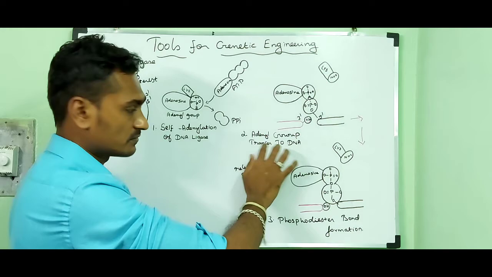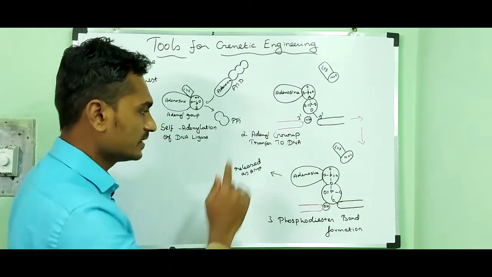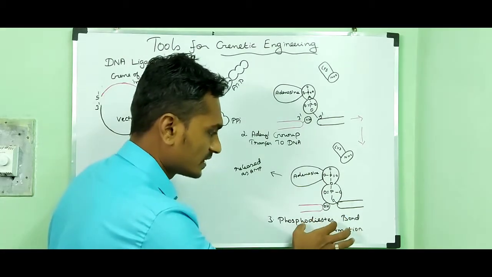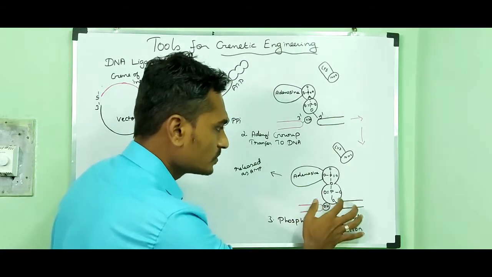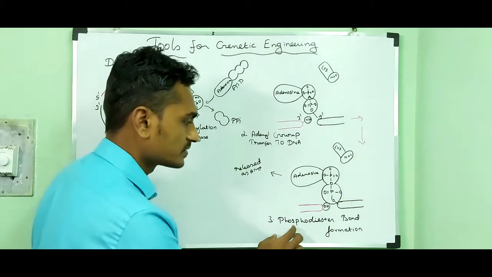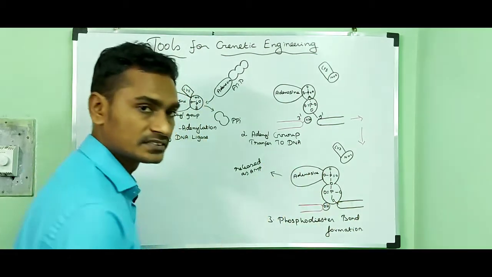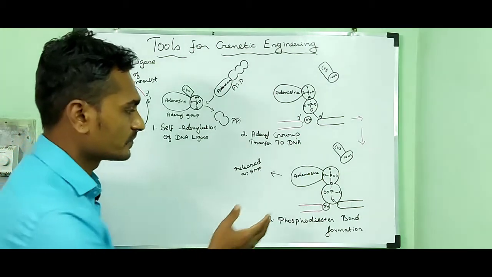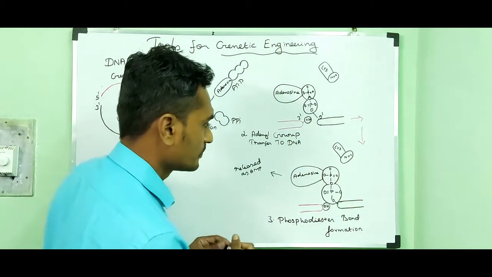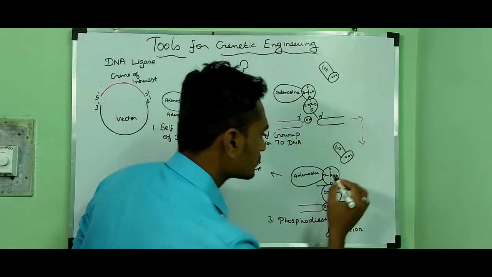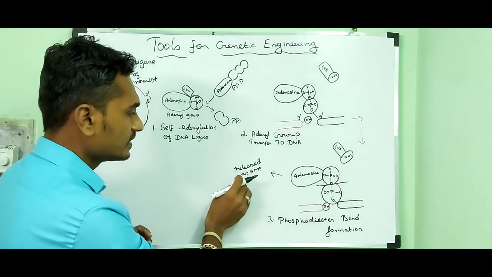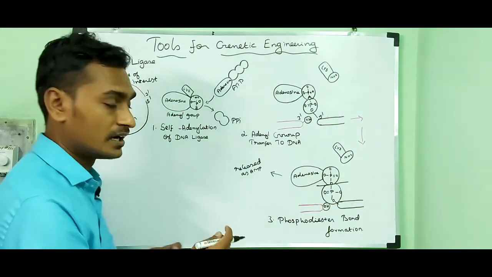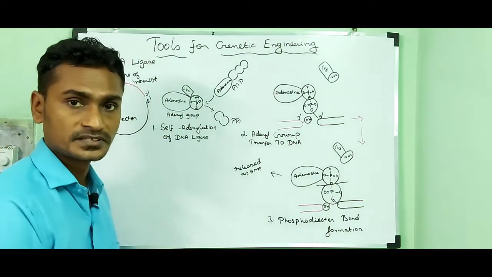Then it creates the phosphodiester bond between the 5' end and 3' end. And after the creation of the phosphodiester bond, this adenyl group gets detached and released as AMP, that means adenosine monophosphate.